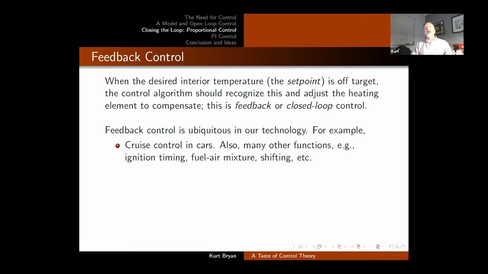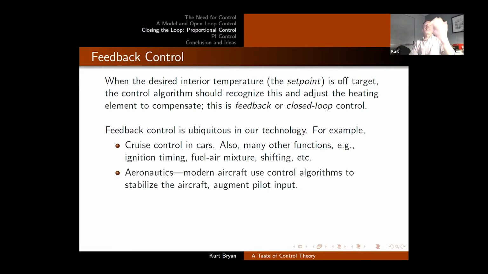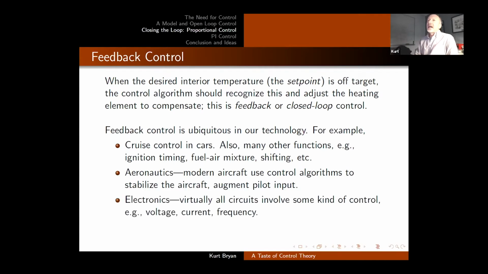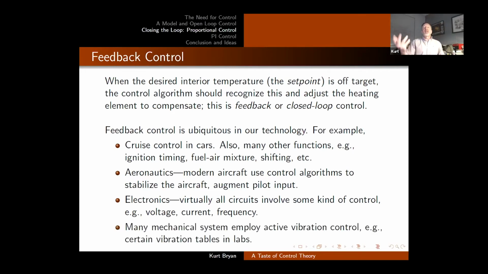There's feedback control everywhere. It's used in all modern aeronautics. Almost all modern aircraft use some kind of control to stabilize the aircraft, augment pilot input. Electronics, since time immemorial, has used control for voltages, frequencies, currents, that sort of thing. And modern mechanical systems like vibration tables use active control to actively counter vibrations and hold the table steady.